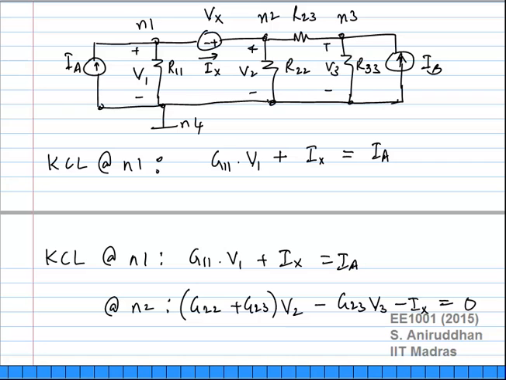So first of all, there are a couple of things to note. The minute you have independent voltage sources coming into the circuit, things are not going to be as simple as the previous case, where you had a G matrix times the voltage vector is the current vector. Because of this extra variable Ix that you do not want, right?